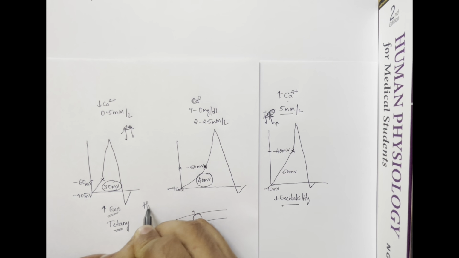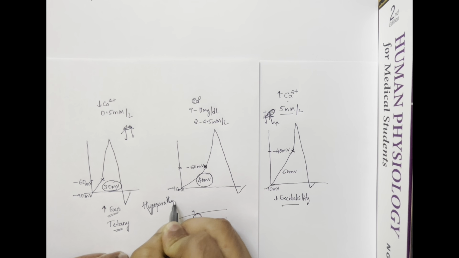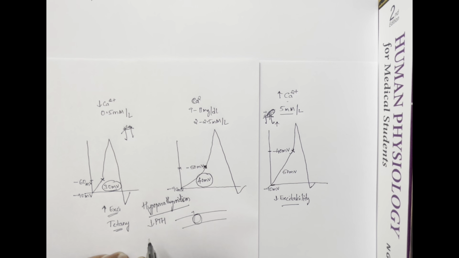In case of hypoparathyroidism, whenever there is a decrease in parathyroid hormone, the plasma blood calcium level decreases, and a sign of hypoparathyroidism is carpopedal spasm.